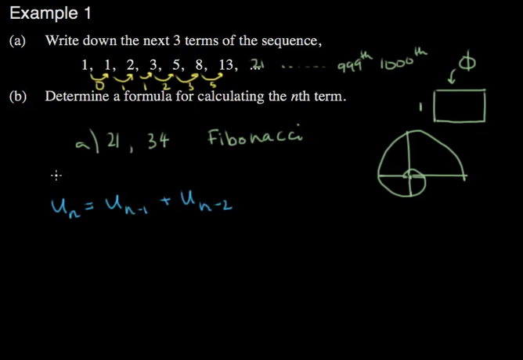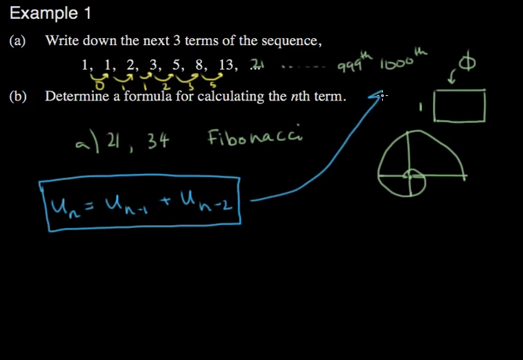Now this is a formula for calculating the nth term, but do you see a problem with this? If I wanted to try to find the 1000th and 999th term, I wouldn't just be able to go ahead straight away and do it, because I don't know what the terms are before it. So this is a formula for finding it, but it hasn't quite helped us to find these two terms. So that's something to investigate.